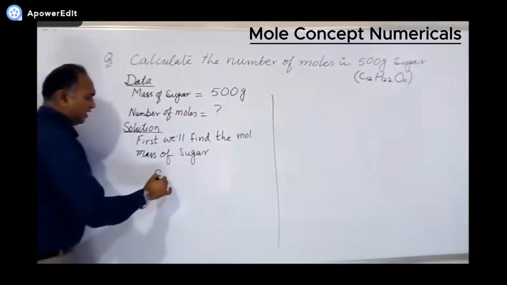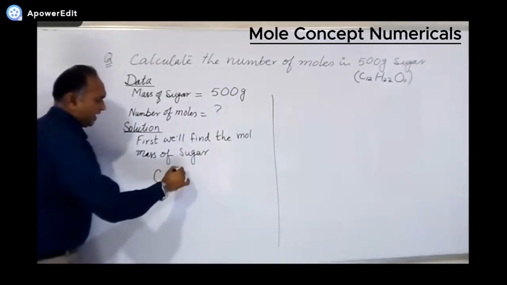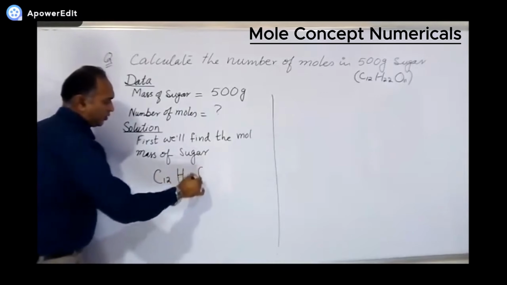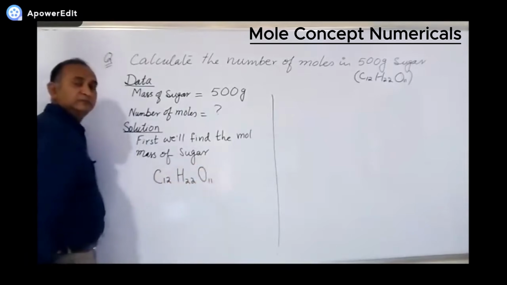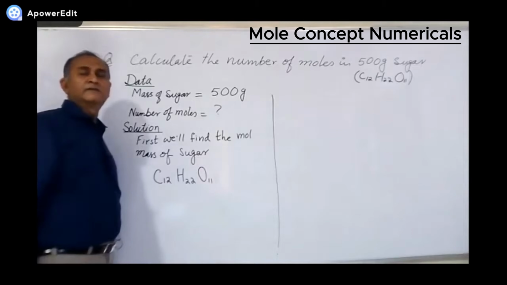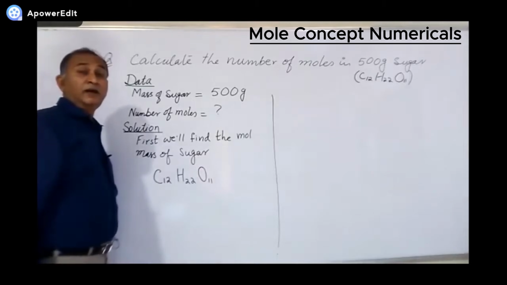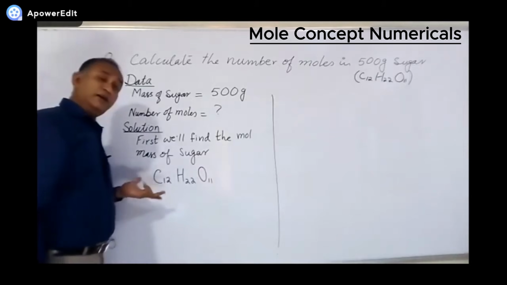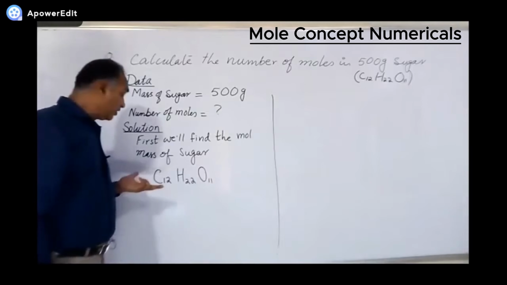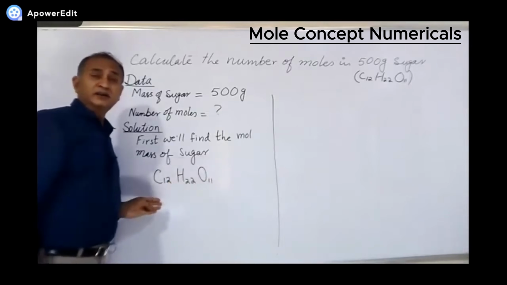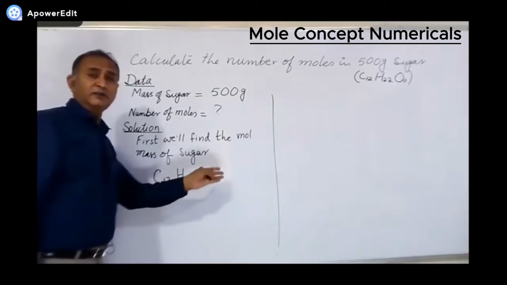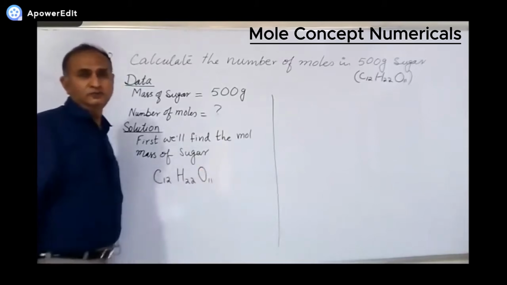Sugar, C12H22O11. Now, if you are not aware of finding the molecular mass, it will be difficult for you.